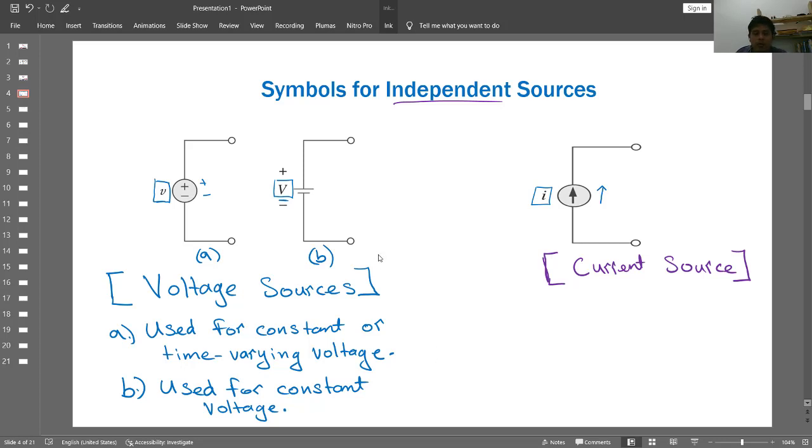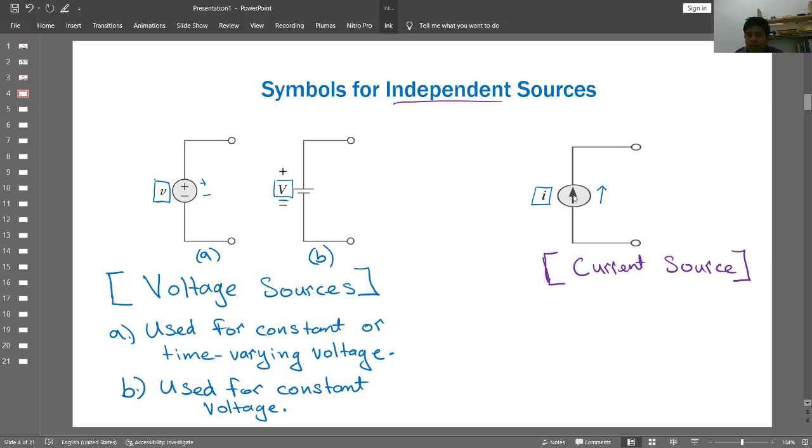So we have the two most common and important independent sources. We have the voltage source that can be represented either by a circle with a positive and negative sign inside, or by two little bars, one longer than the other. And the current source can be represented by a circle with an arrow inside.